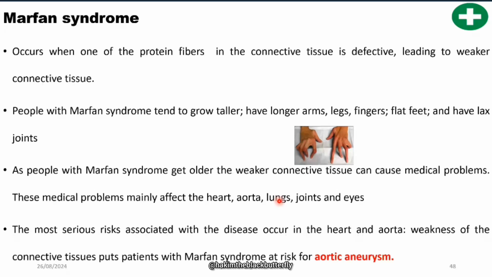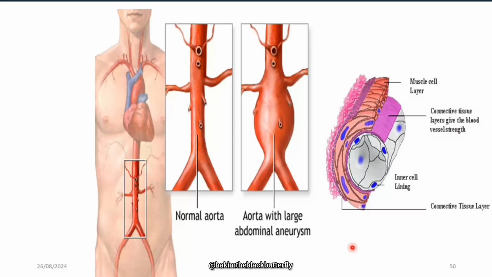The joints and other parts of the body are going to be more prone to injuries because of the lack of enough connective tissue fibers in those parts of the body. And the most serious risks associated with this disease can occur within the heart and the aorta, and most appreciated in the aorta, where we see patients presenting with abnormal enlargements of the aorta.